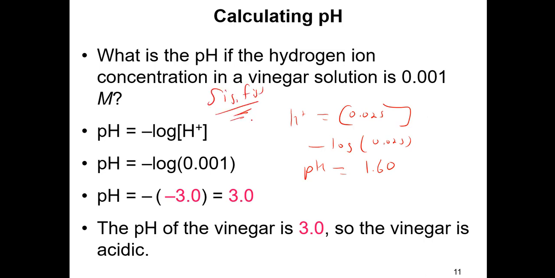Sig figs. Sig fig rules are weird. I just can't express this enough. They're just super weird. Just accept this is how it is and move on with it. So if we're going from hydrogen concentration to pH, you're going to have to count the sig figs.